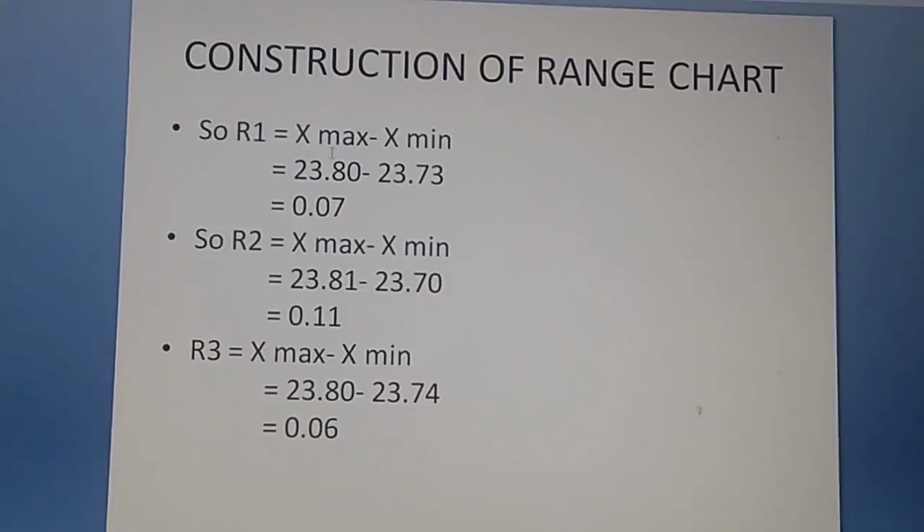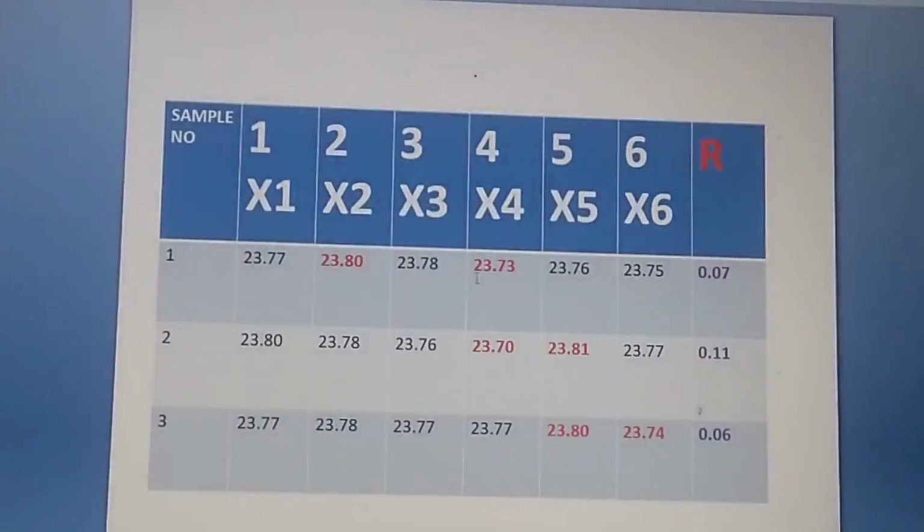R1 is calculated for sample number 1 by determining the X maximum value and X minimum value, that is the maximum observation and minimum observation value of sample number 1. For sample number 1, you can see here 23.80 is the maximum value and 23.73 is the minimum value. So their range will be maximum minus minimum, that is 0.07.